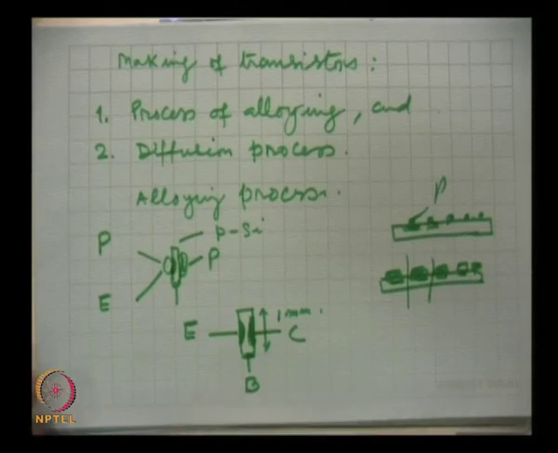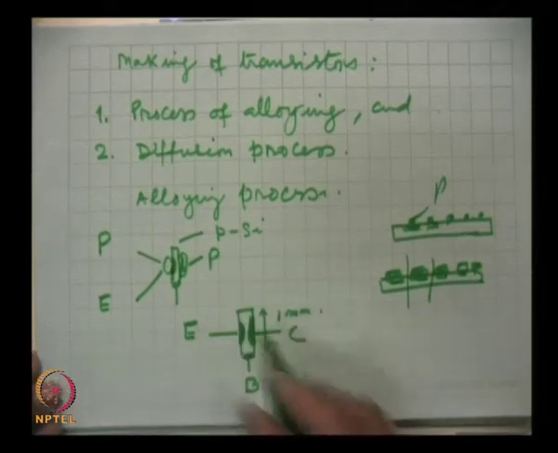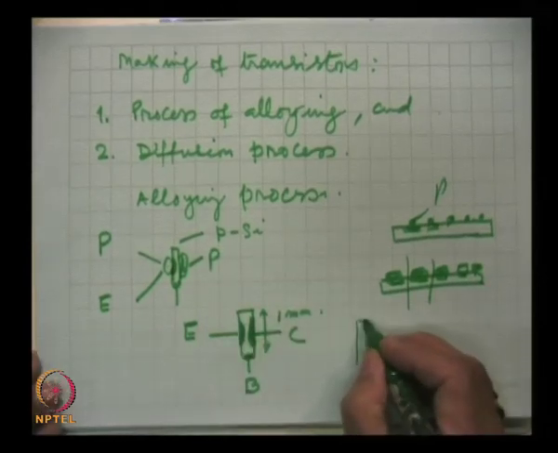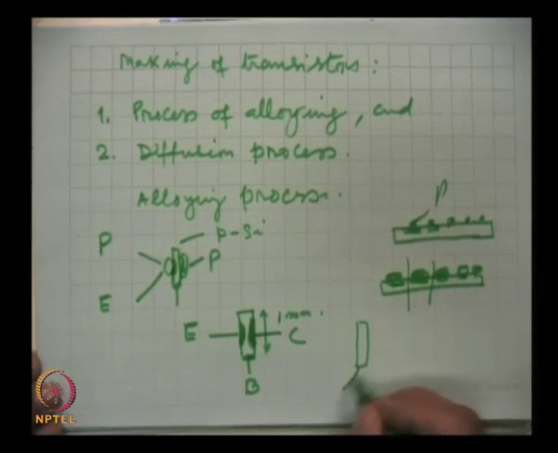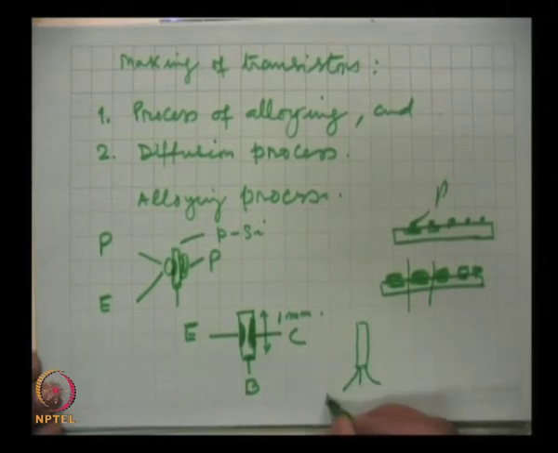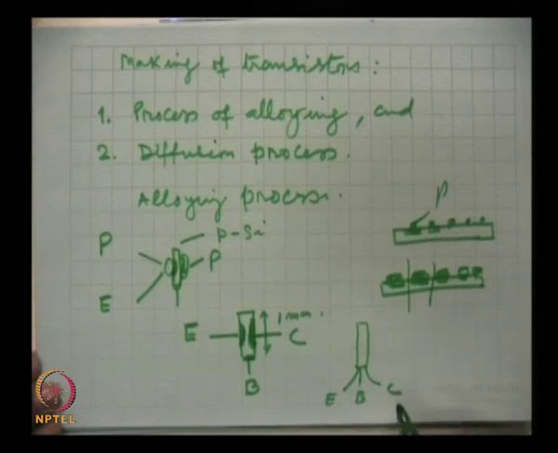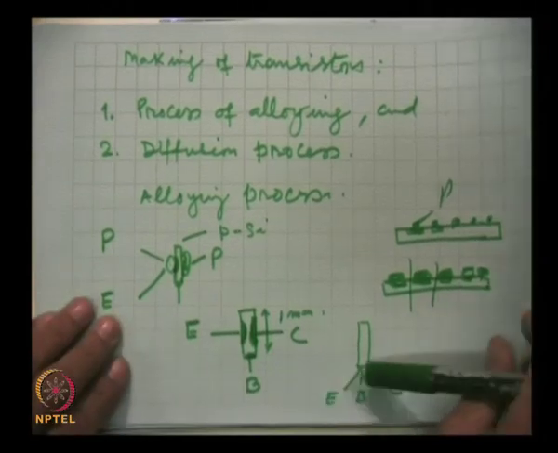So, this is the process of alloying. These are encapsulated, and finally what we get is a metal can with 3 leads: emitter, base and collector. The other process is diffusion.